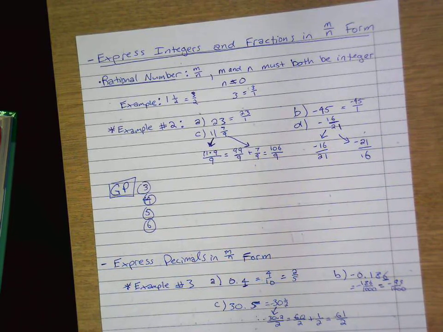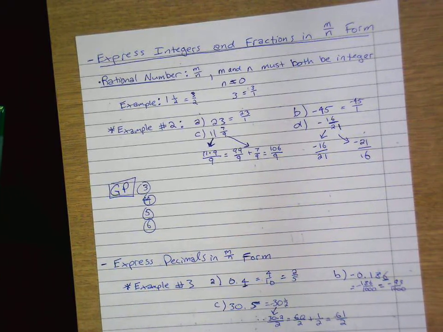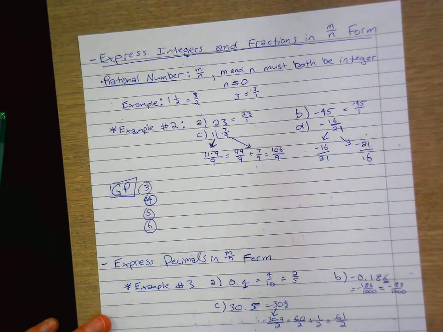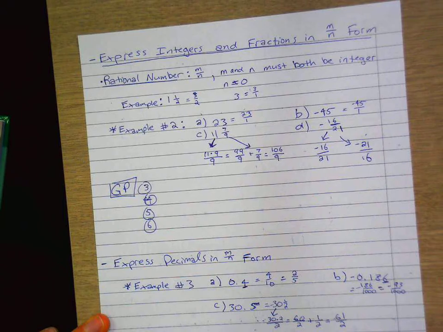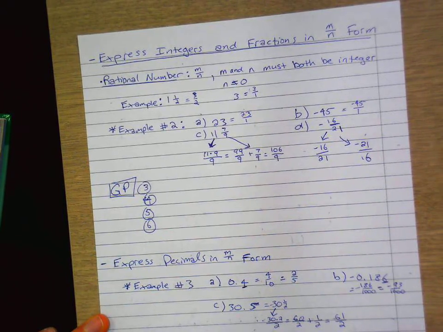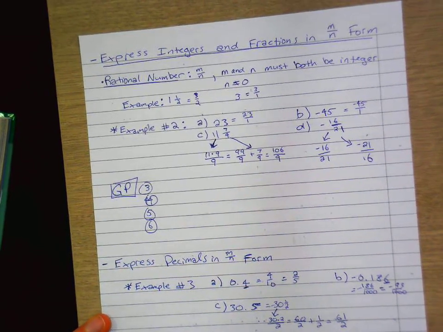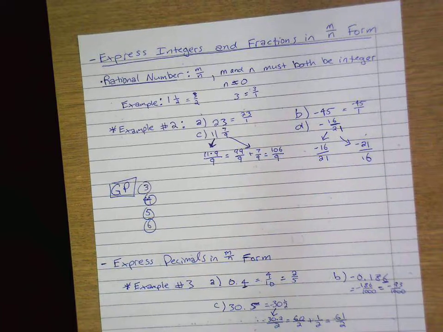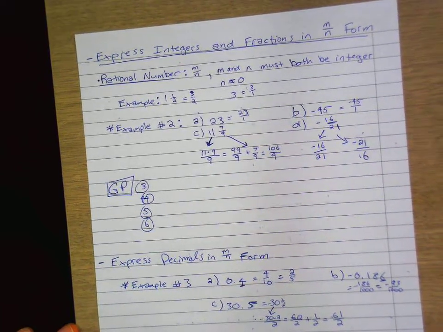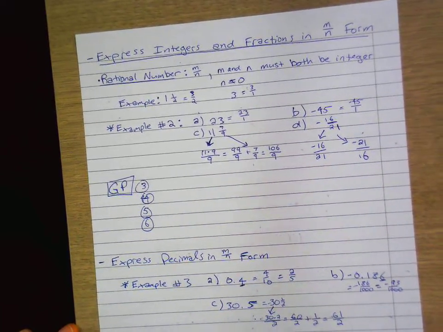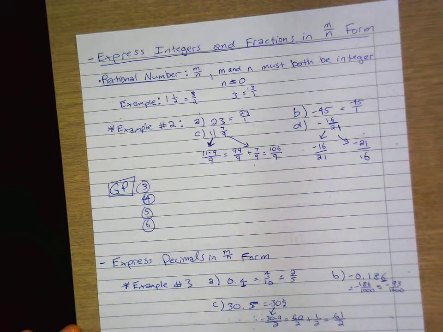This can be simplified if you divide the top and the bottom, to give you negative 37/25. And we can't forget our negatives along the way. So that is example number 3. Go ahead and pause the video and try guided practice problems 7, 8, 9, and 10.